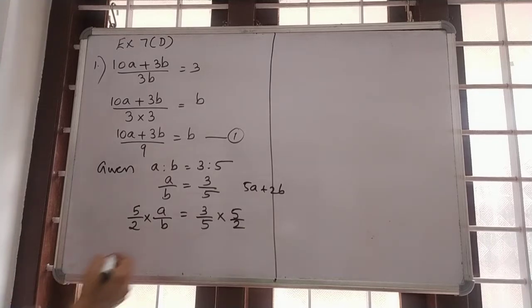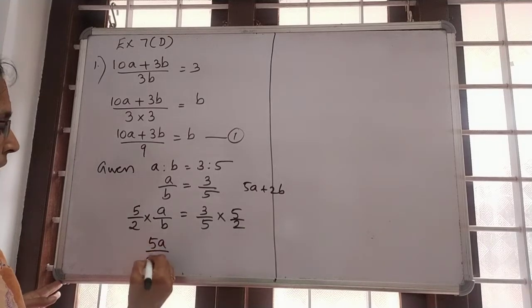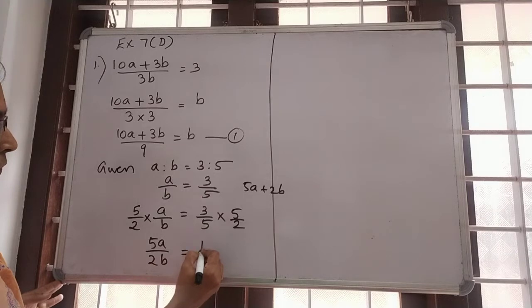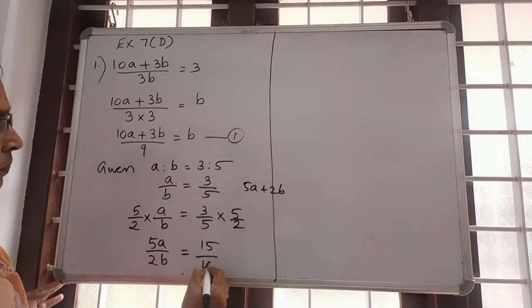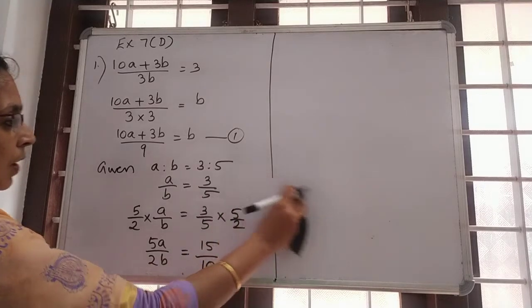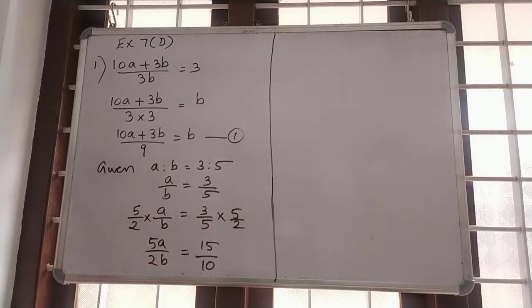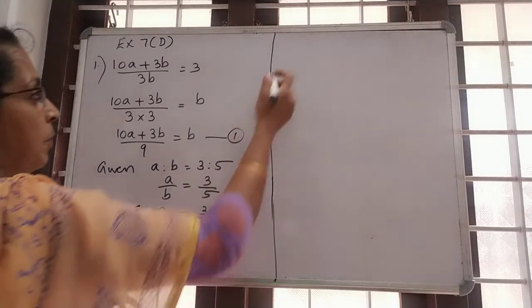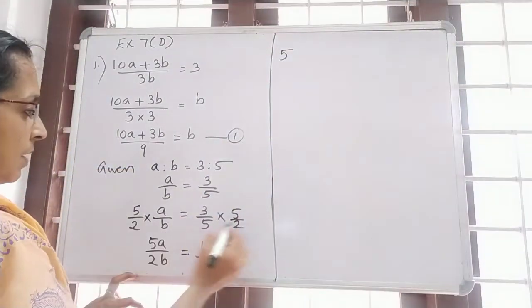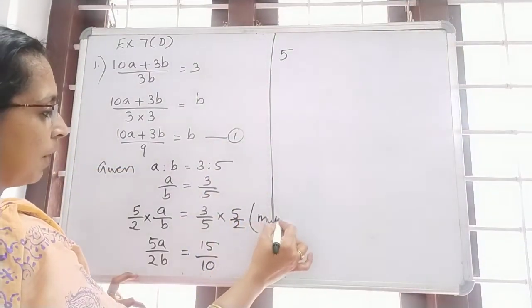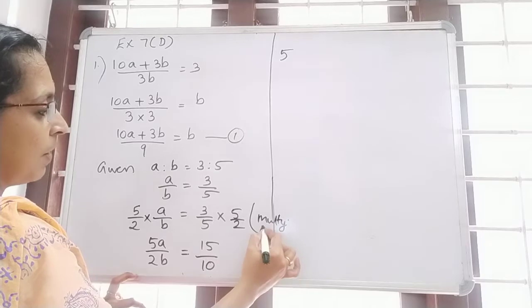So it will be 5A by 2B is equal to 15 divided by 10. Same as the previous one, here also we are applying componendo. The reason you should write is multiplying both sides by 5 by 2.